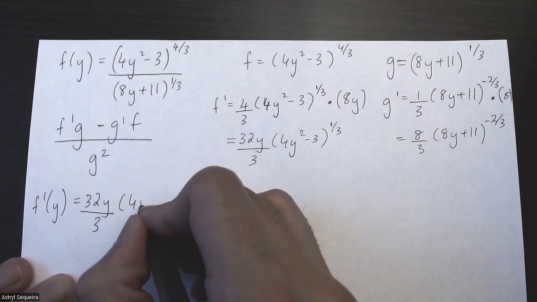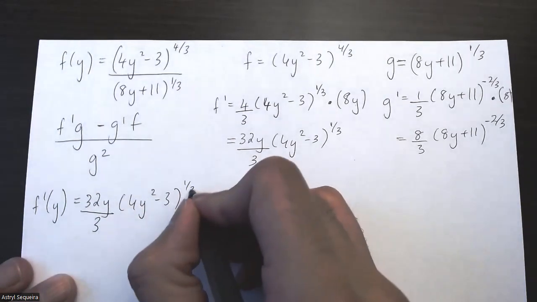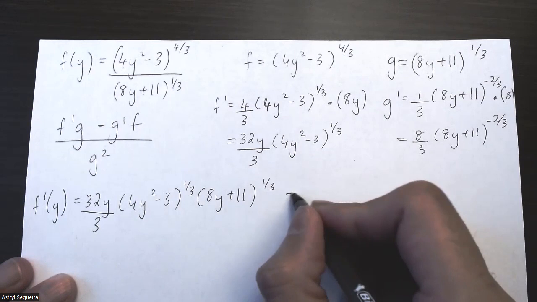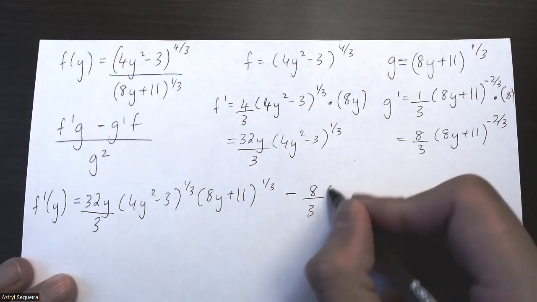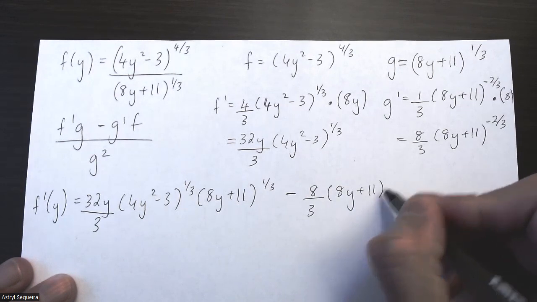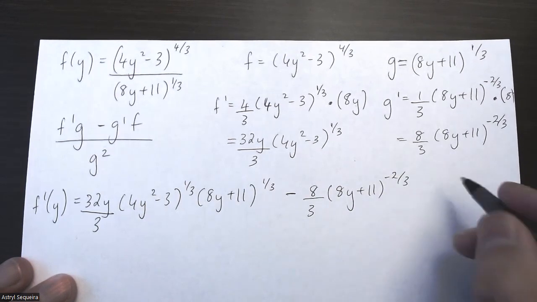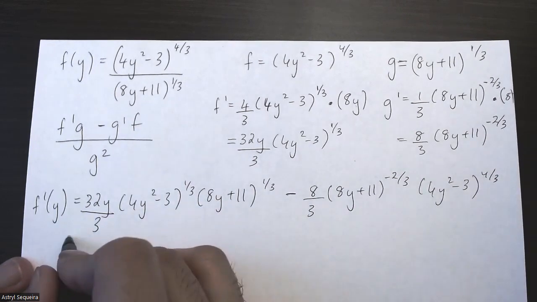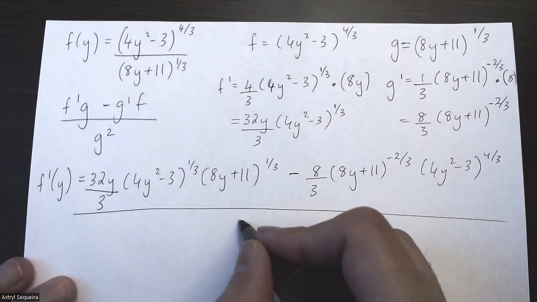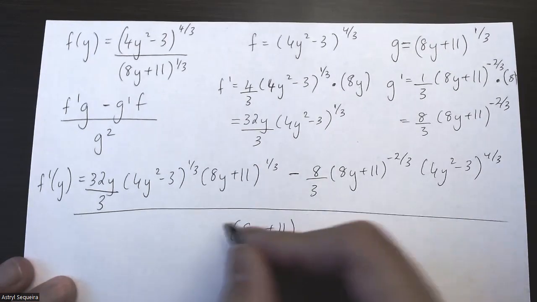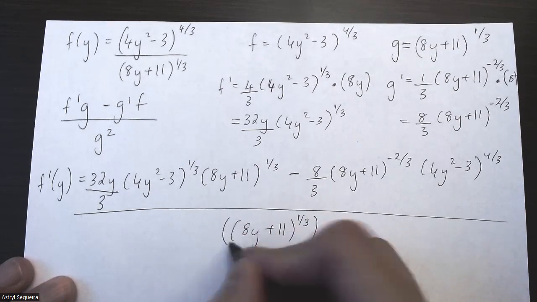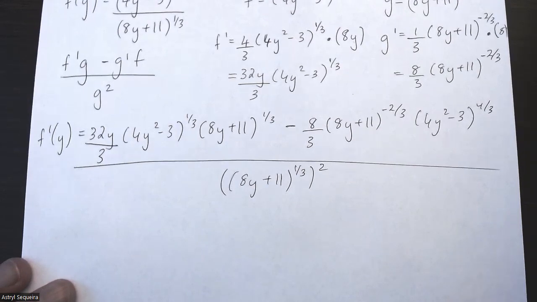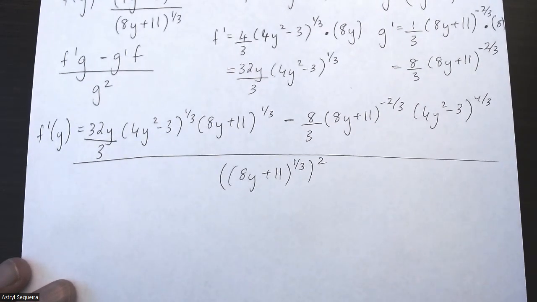F prime, g, minus g prime, f, divided by g squared.